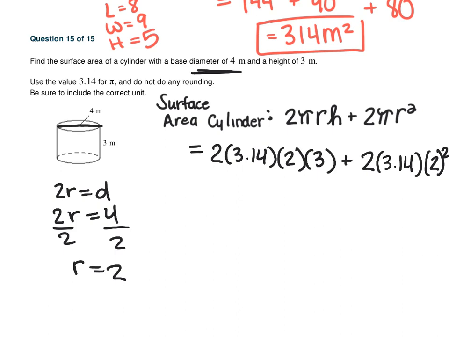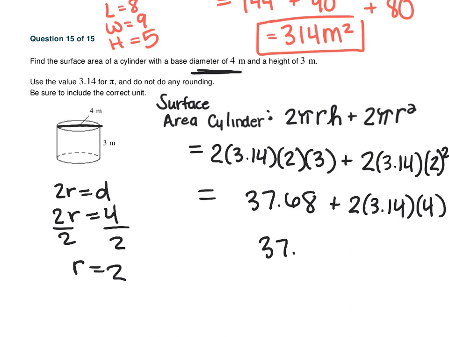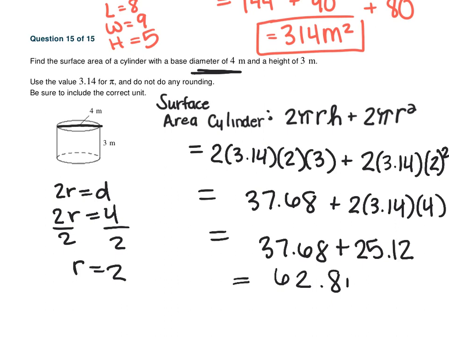When I do 2 times 3.14 times 2 times 3, I get 37.68 plus 2 times 3.14 times 4, because 2 squared is 4. Then I simplify the right-hand side of that, so I keep my 37.68, and when I multiply the right-hand side, I get 25.12. I add those together, and I get 62.8 meters squared, because it is asking for the area, the surface area.